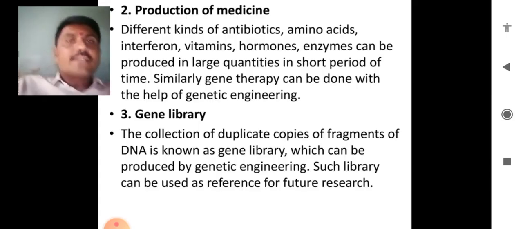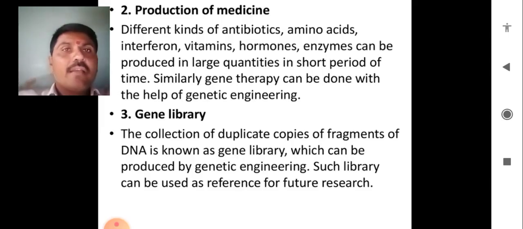When we cut the DNA with the help of enzymes for our desired character, these cut pieces of DNA, this fragmented DNA, can be collected in a gene library, which can be produced by genetic engineering.